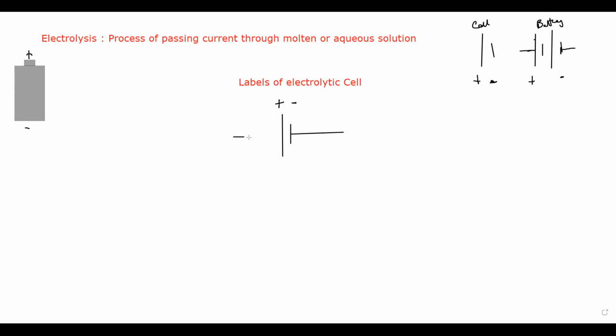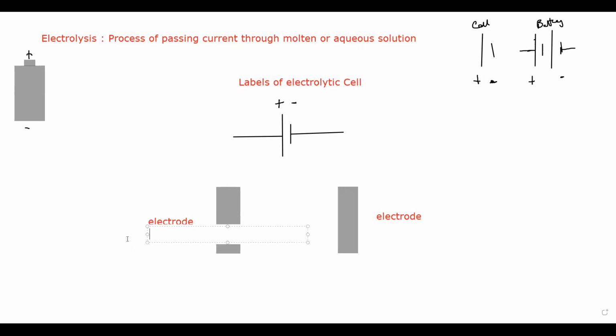So first we have a battery or a cell. Then this cell or battery is connected to two plates which are known as electrodes. This plate is an electrode, and the other one is also known as an electrode. Which material are these electrodes normally made of?